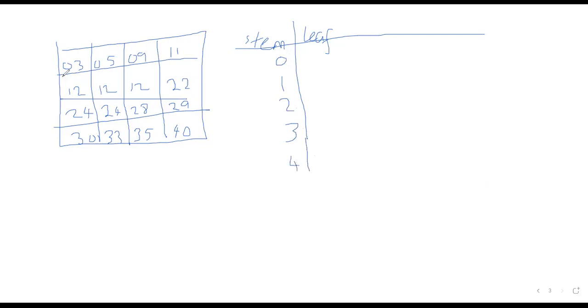In order: numbers that start with 0, we have 0, 3, and 0, 5, so we don't need to write the 0 because the stem is already there. So we put 3, 5, and 9. On the ones, what numbers do we have?